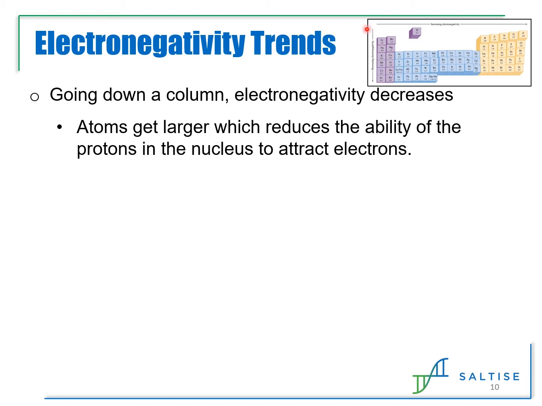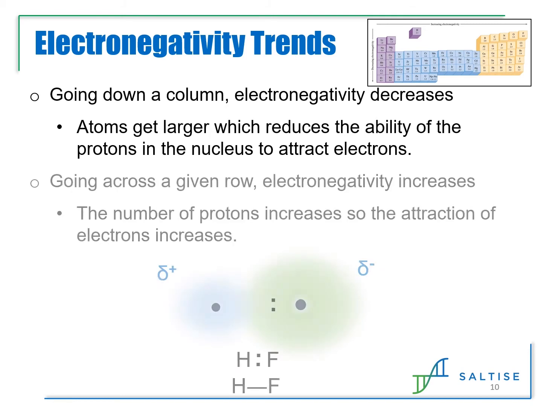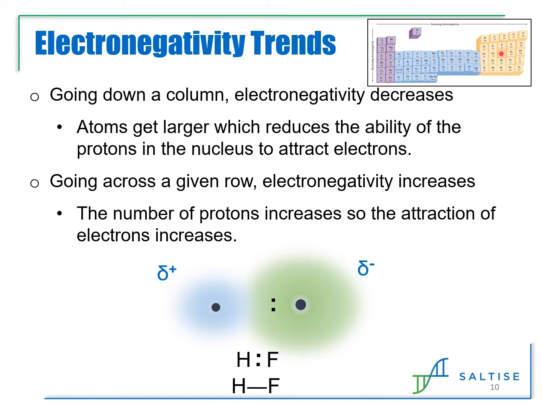This is because the atoms become larger due to the larger electron cloud, and so the ability for the protons in the nucleus to attract electrons diminishes, whereas the electronegativity increases going across the row. This is because there are more protons in the nucleus, and so the attraction for the electrons increases.